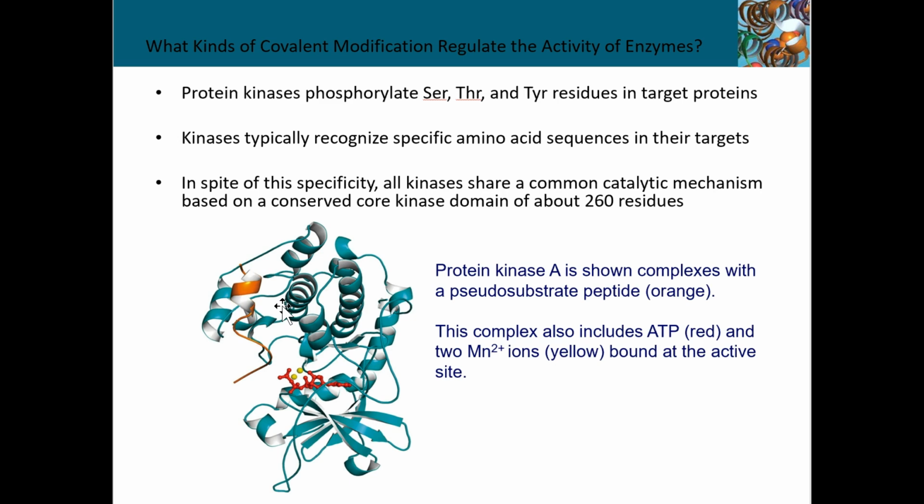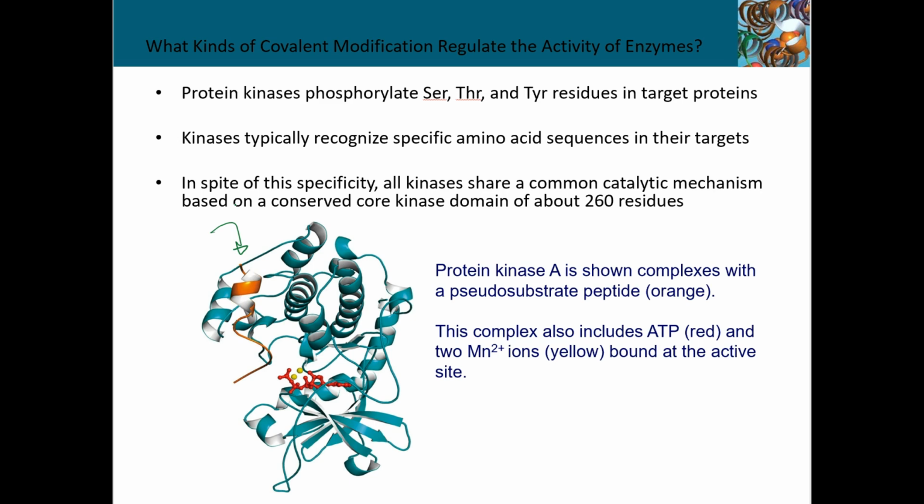So in this picture below, what you see is a PKA, or protein kinase A, and it's shown complexing to this orange pseudosubstrate peptide here, which is a peptide which is acting like a substrate and occupying its binding pocket.